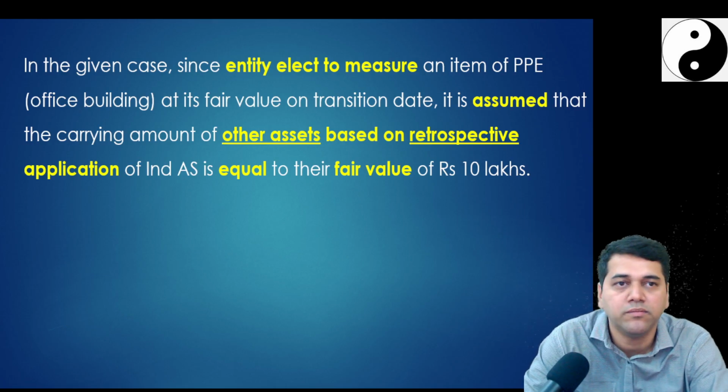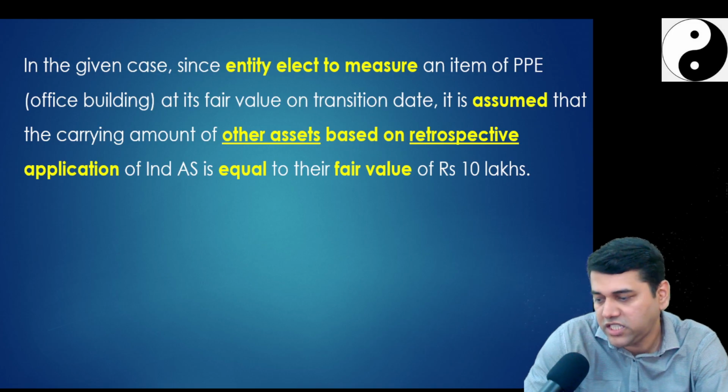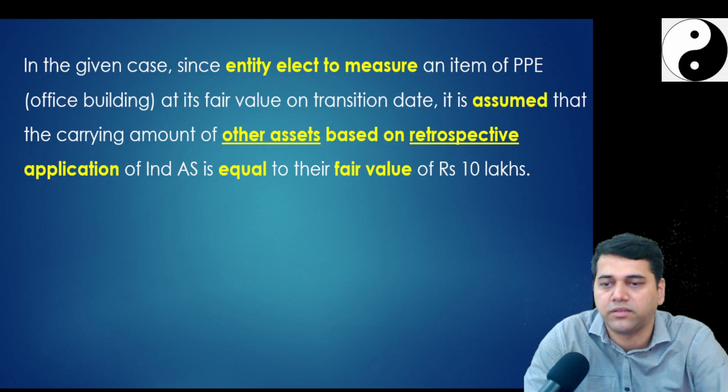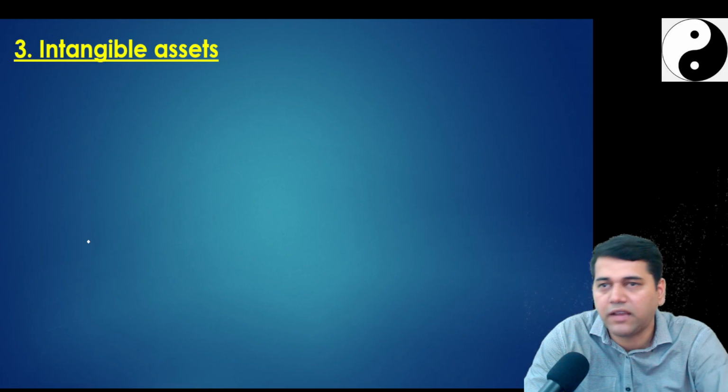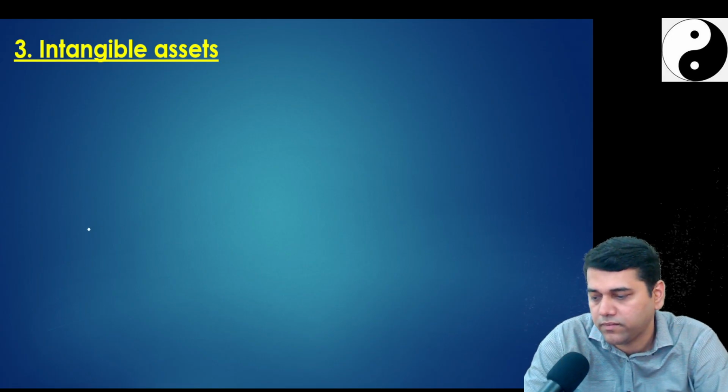What is my second item about the CFO? Intangible assets. One minute, in which order did I give? Okay, we can write about intangible assets. Second, intangible asset I have given in the third one.